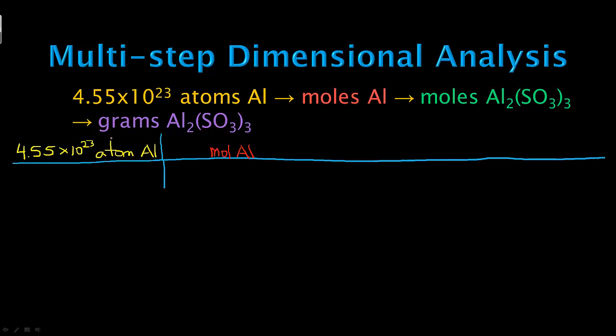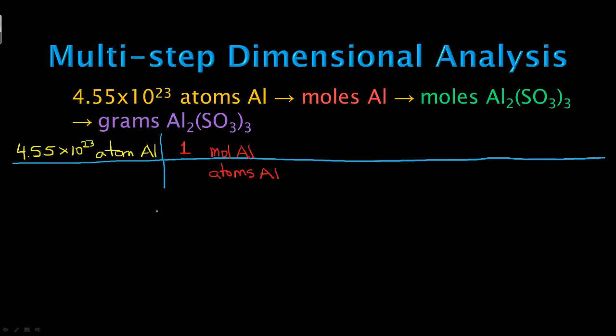But I need to get rid of this atoms of aluminum, so I'm going to move that down on the bottom, atoms of aluminum. Now atoms per mole should tell us that that is Avogadro's number. It's the same thing as particles per mole. And it's always 1 mole, so I need to put Avogadro's number right here.